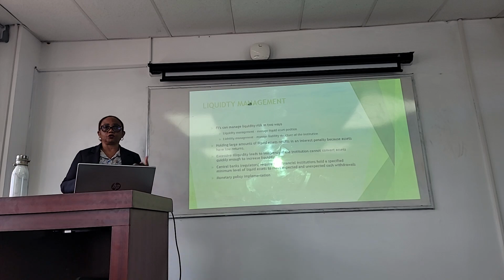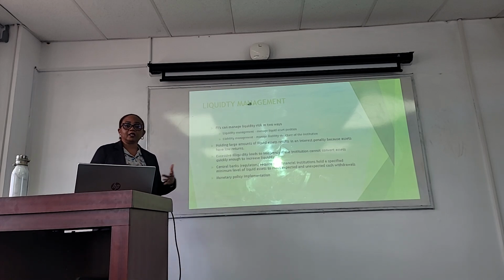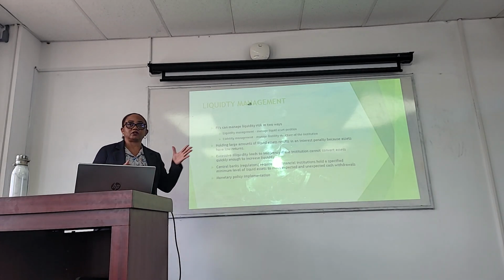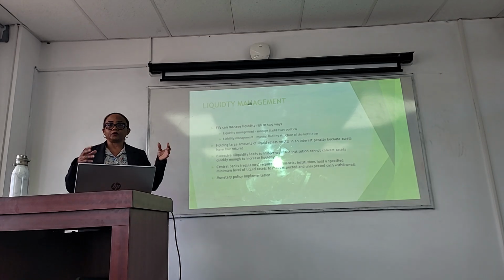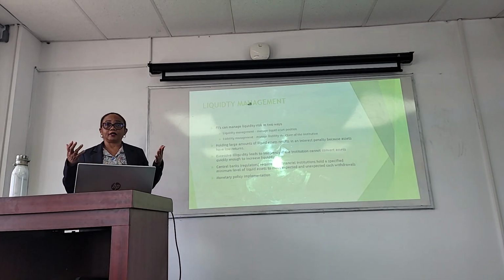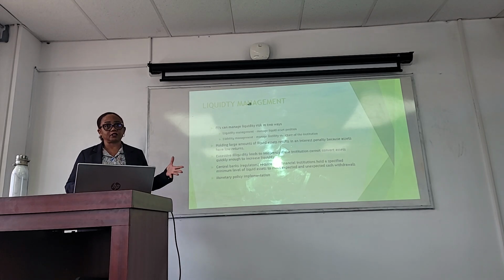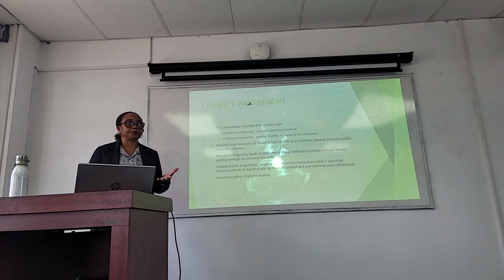Because if you don't have sufficient liquidity, that could lead to insolvency. We see that with the deposit drain: if you don't have the cash to deal with it, you're going to have a problem.